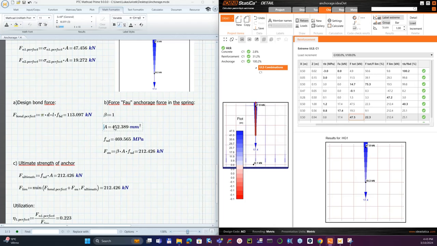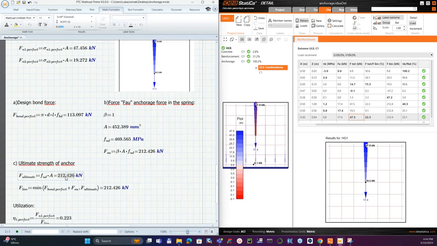So my area of the rebars is 452, because this is diameter 24, and f_ud is the design tensile strength of the rebar. So my force that can be transferred via the anchorage shape is the same as the ultimate strength of the anchor for the tearing out. So if you sum up the bond strength plus the anchorage shape at the end, you're getting a higher value than the ultimate strength.